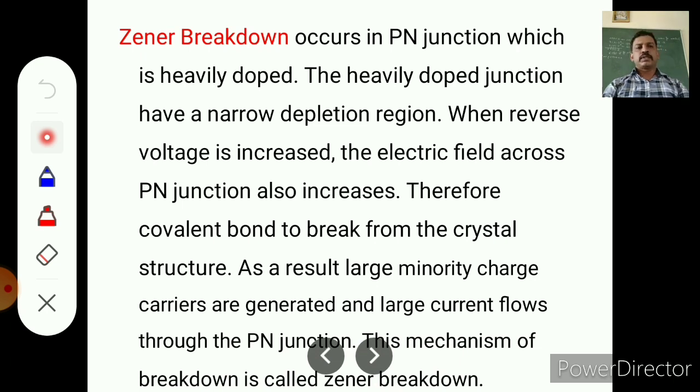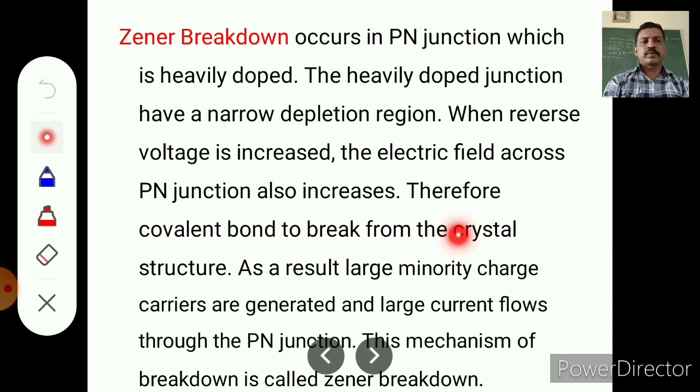So in case of Zener breakdown, when we increase the reverse voltage, the electric field across the PN junction also increases. Means due to the external electric field, as the reverse voltage increases, the electric field also increases, and therefore the covalent bonds break.